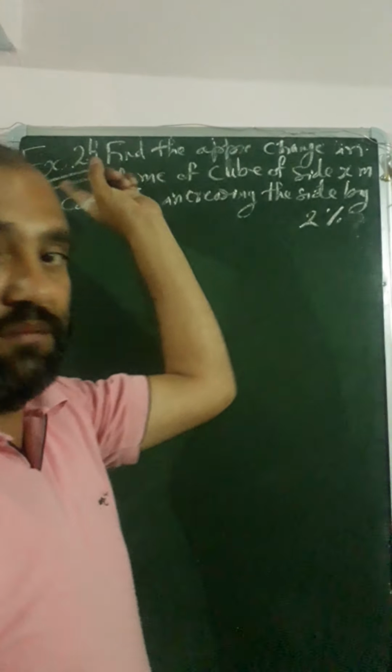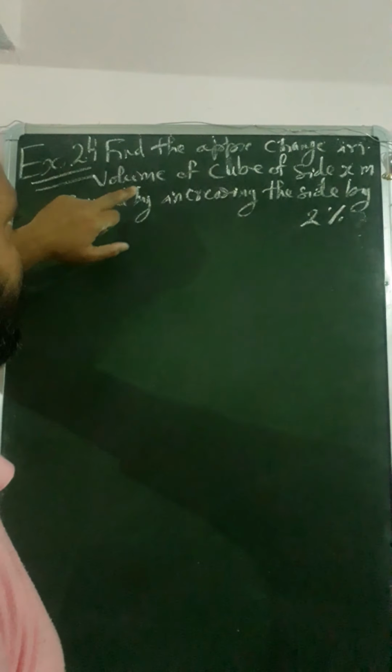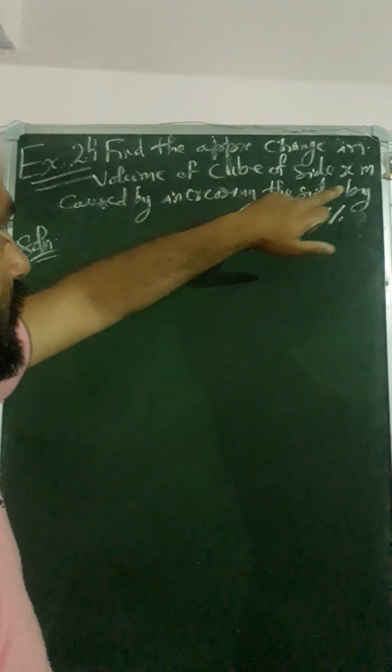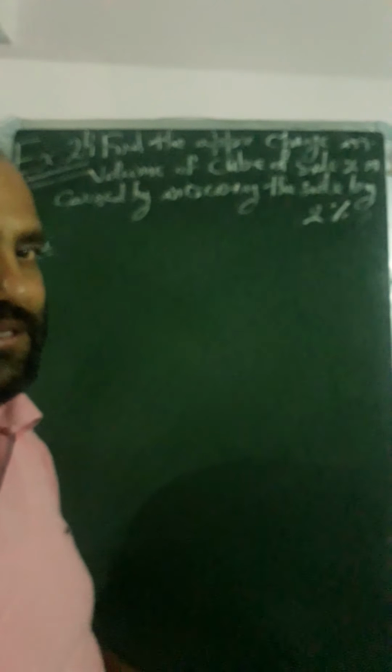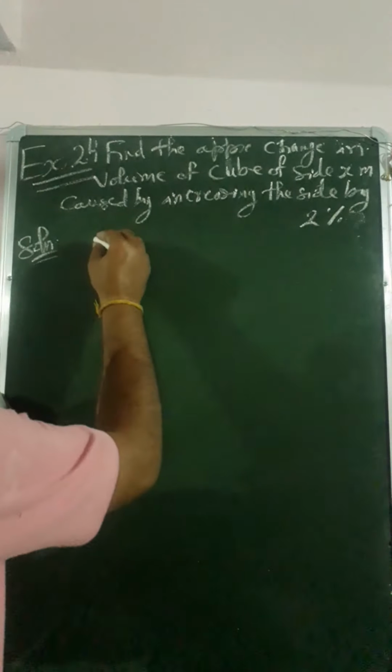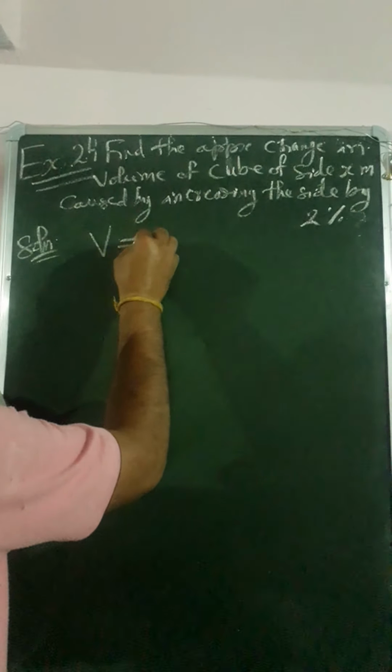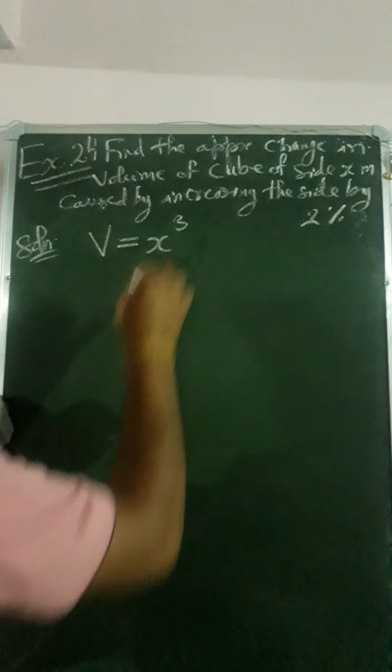Okay, next example number 24. Find the approximate change in volume of a cube of side x meter caused by increasing the side by 2%. Right? You have to find the approximate change in volume of the cube. So as you know, the volume of a cube is x cube, as x is the side.